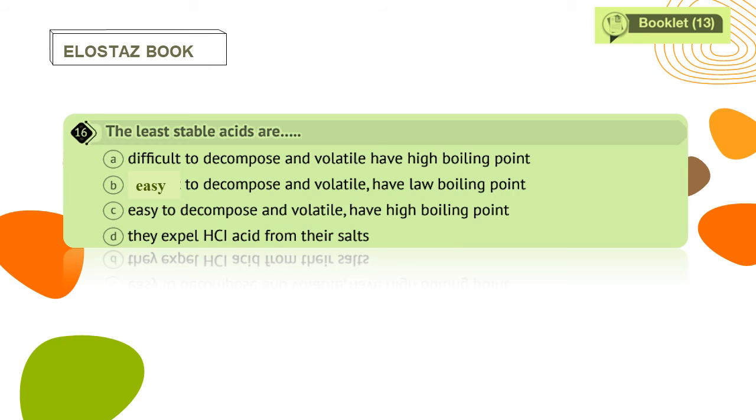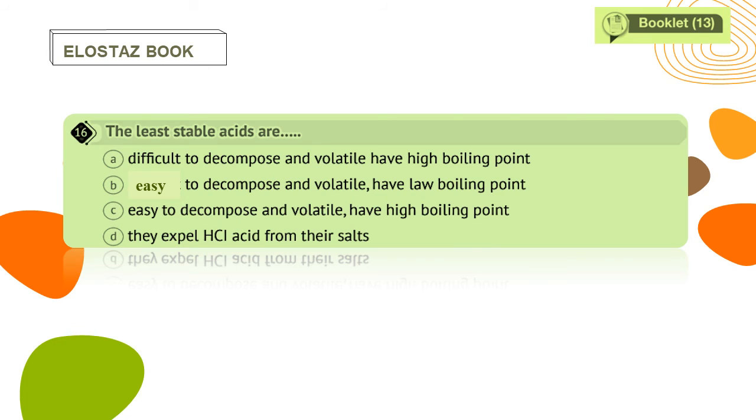Yes, I think it's the right answer. We also have a choice, easy to decompose and volatile. Yes, it may be, but the other one has a high boiling point, so it will give the wrong answer. They expel HCl from their salt? No, if it removes hydrochloric acid from its salt, that will be a strong acid, not least stable.